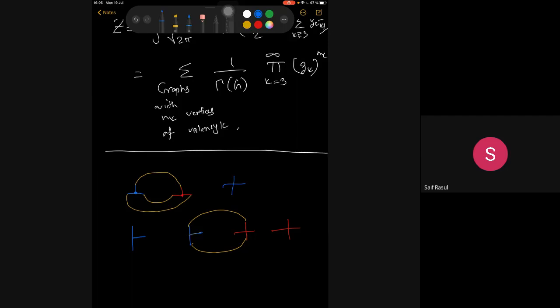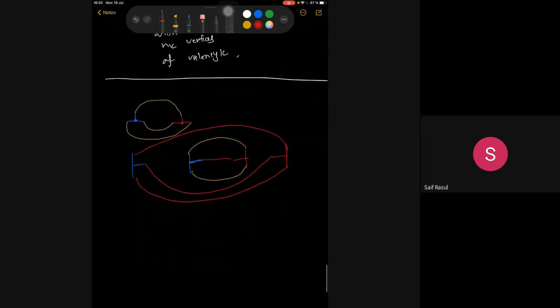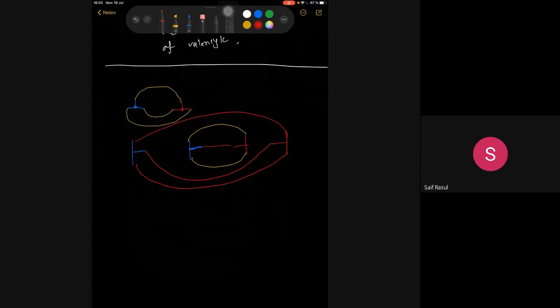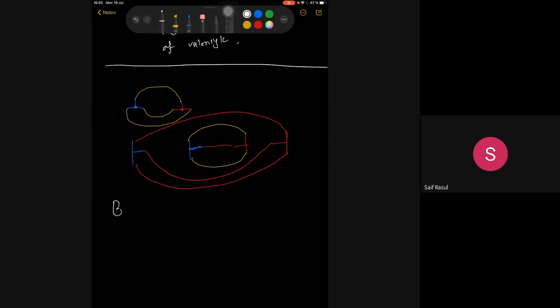Okay, I'm messing up the color thing. So let's make a problem like this, that is, blue can connect to, say, red.